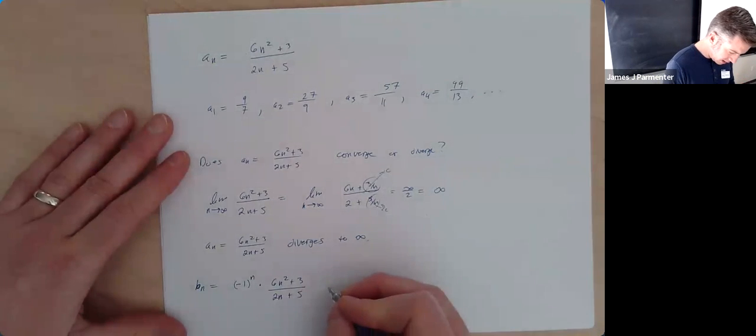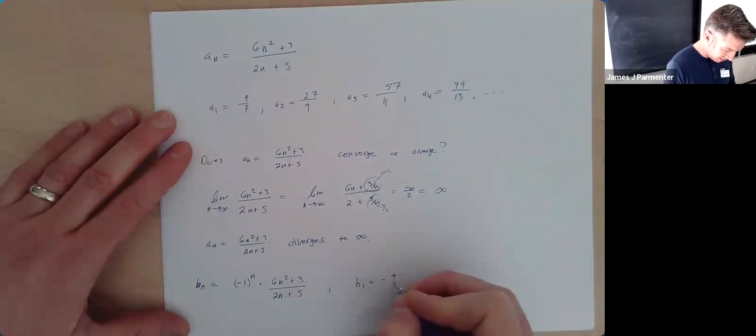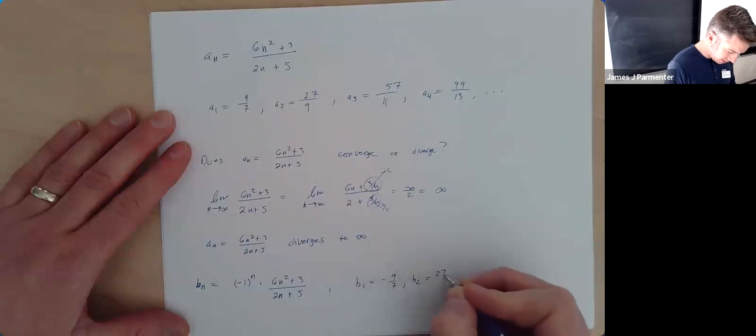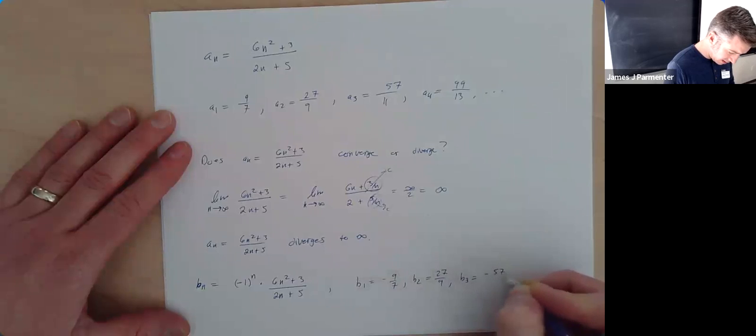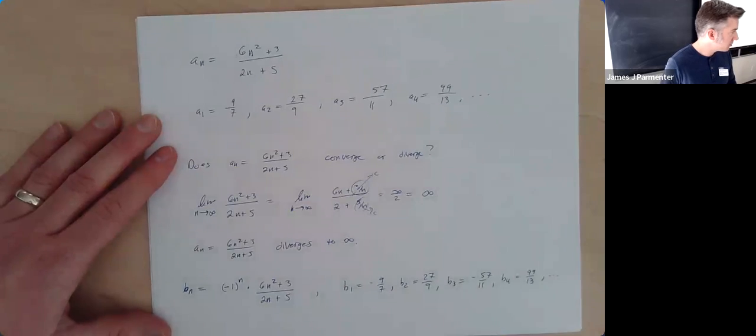So we can see that b sub 1 would be -9/7, and b sub 2 would be +27/9, and b sub 3 would be -57/11, and b sub 4 would be +99/13, and so on and so on.